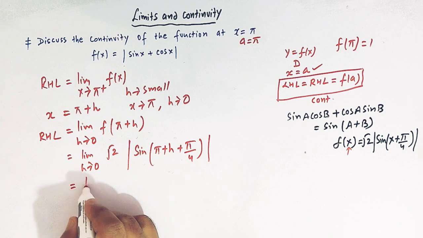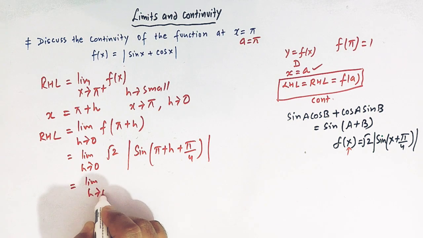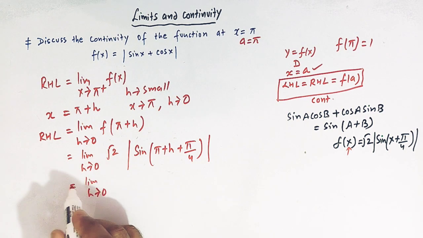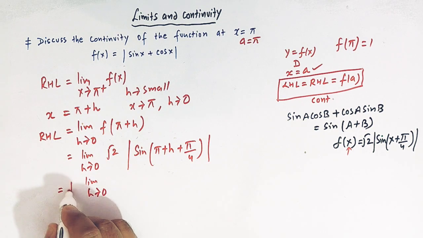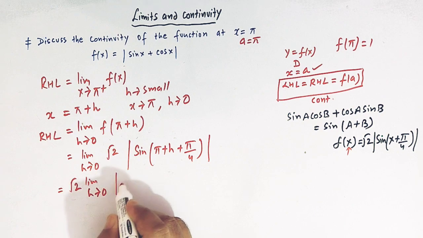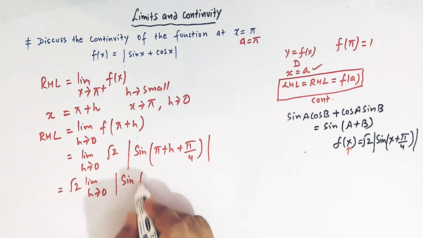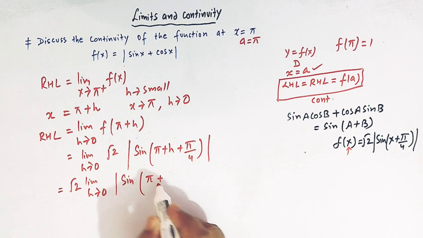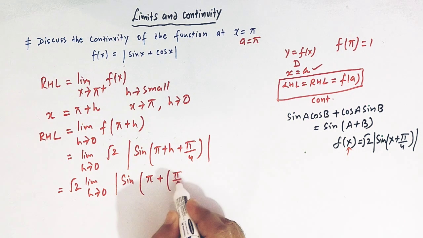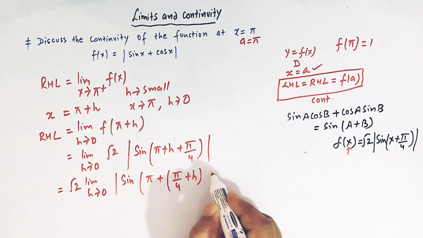Okay, so now we can write limit h tends to 0. We can take this square root 2 outside the limit notation, and here we have mod of sine, and here we have pi plus pi by 4 plus h, right?